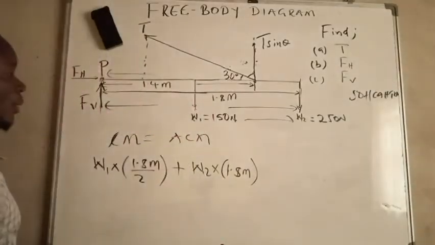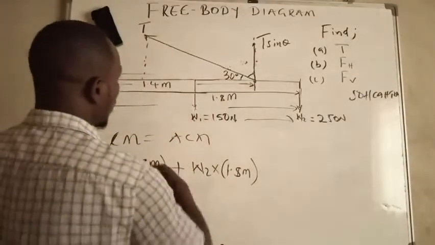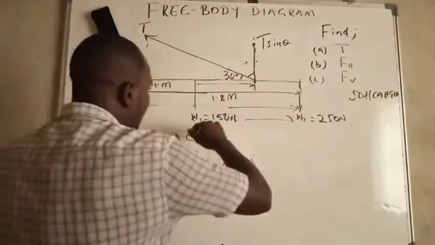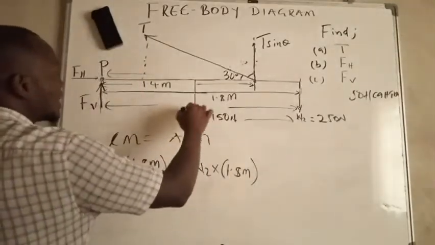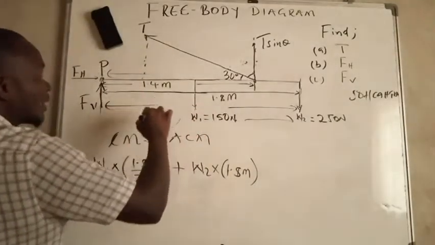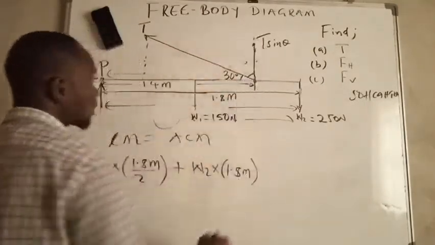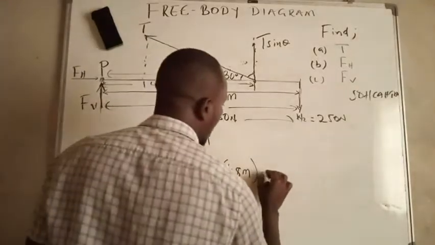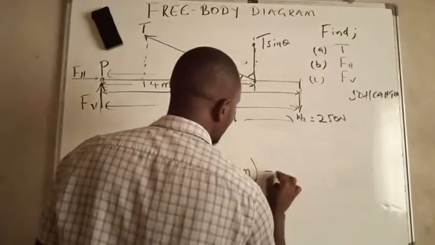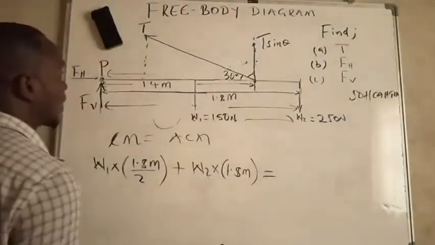So from here, what we're going to do is, these are the forces that are acting in the clockwise direction. Then we also have the other one, which is acting in the other direction.